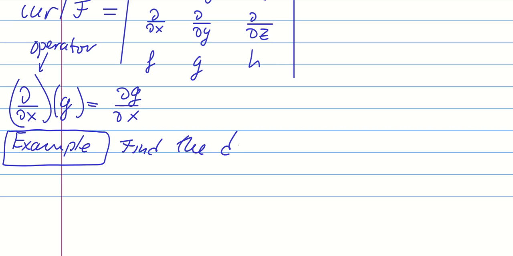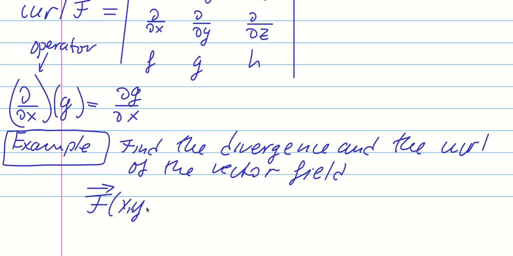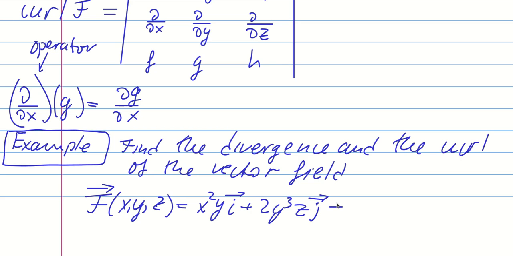Find the divergence and the curl of the vector field f of x, y, and z given by x squared y i plus 2y cubed z j plus 3z k.